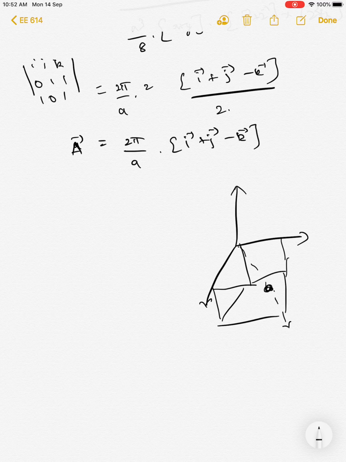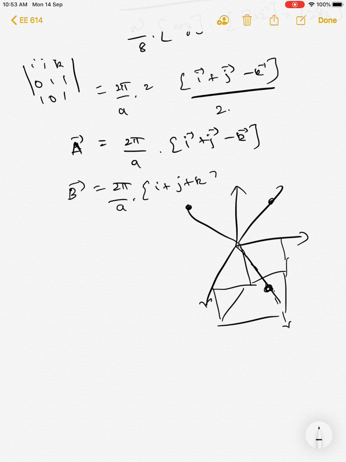If you do this for A, B and C, you will see that the actual unit vectors are this way. i plus j plus k, C can turn out to be i minus j plus k, right?